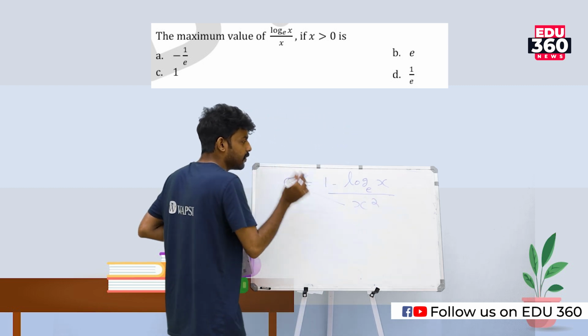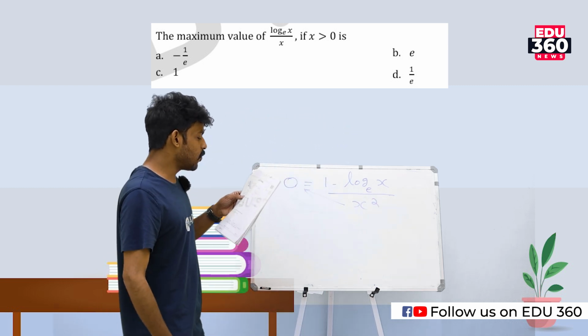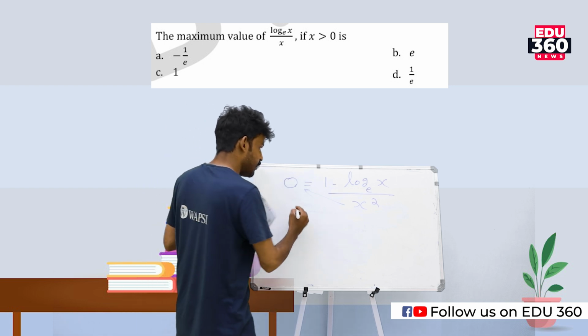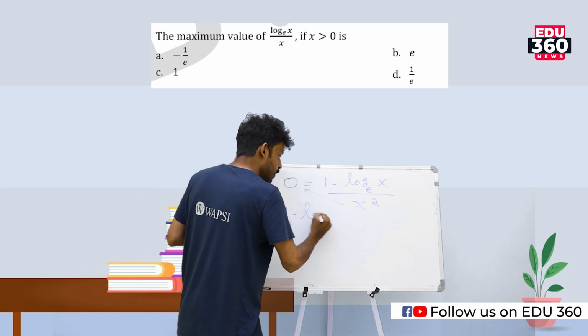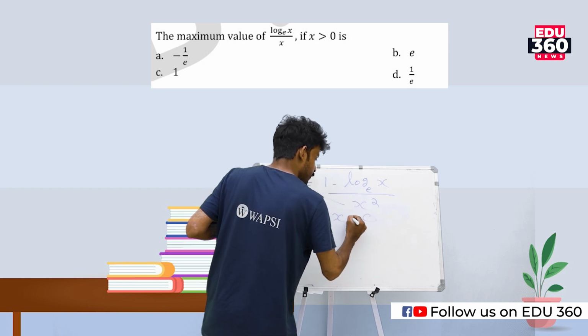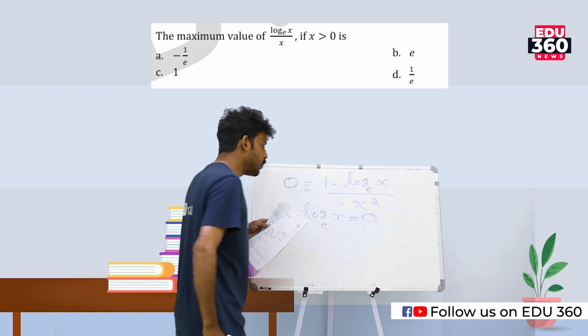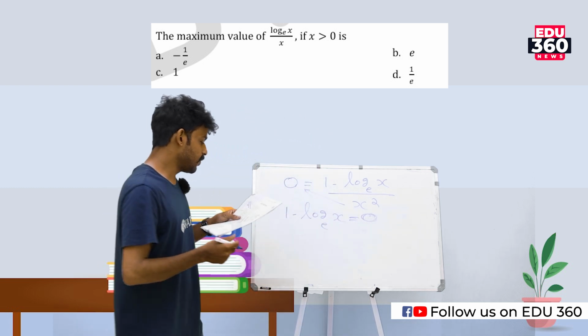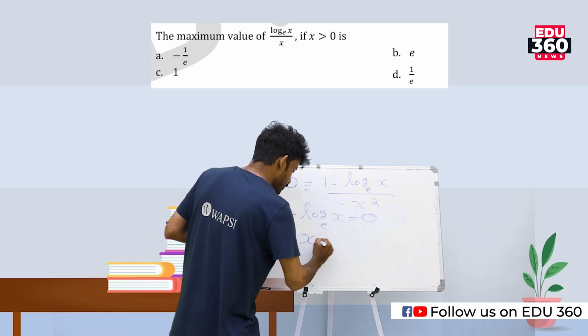Hereafter just multiply here. So we will get 1 minus log e x is equal to 0. So hereafter we can write x is equal to e.